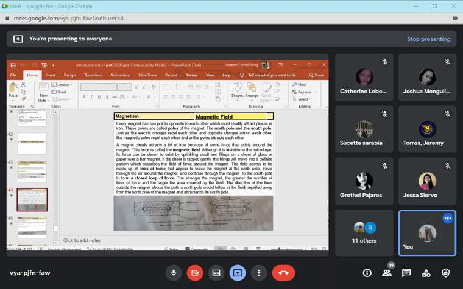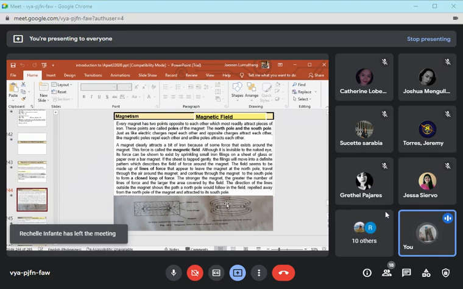The field seems to be made of lines of force that appear to leave the magnet at the North Pole, travel through the air around the magnet, and continue through the magnet to the South Pole to form a closed loop of force, as you see now here in the figure.